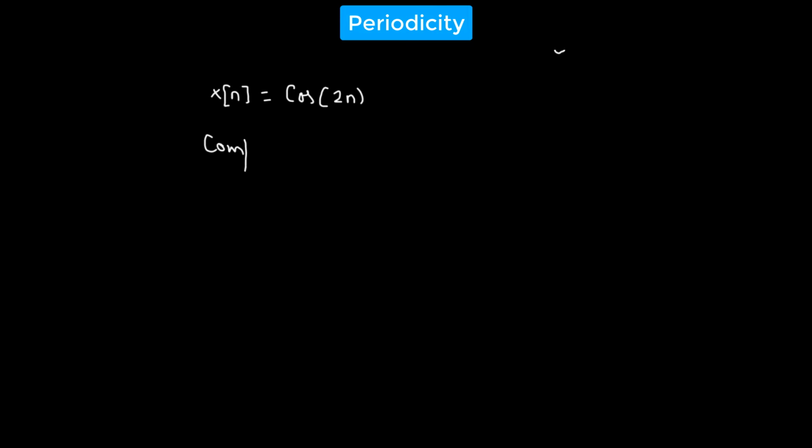Comparing with the standard form of a cosine function, which looks something like A cos of omega n, we get the omega value equals 2.